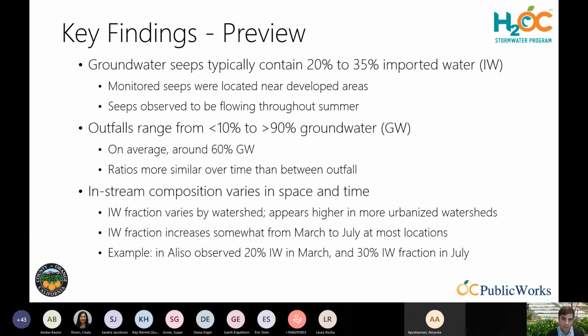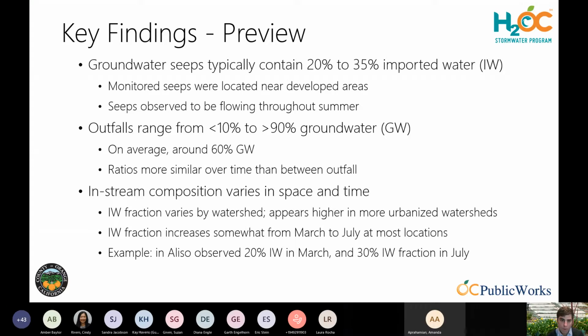The outfalls that were sampled range wildly. Obviously, something that is very tightly drained and predominantly from an urban area can end up with an imported water signature greater than 90%, i.e. less than 10% groundwater and other sources like rainfall.